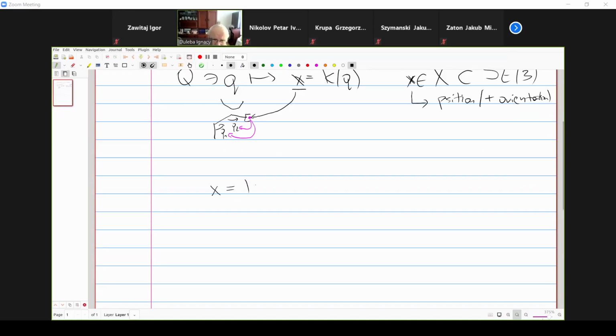The initial form was forward kinematics.